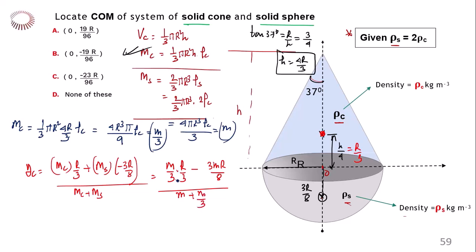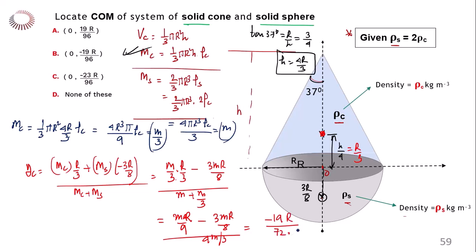So in the numerator, mr by 9 minus 3mr by 8, whole divided by 4m by 3. 72 is the LCM. 8 minus 27, that means minus 19 r. m will cancel out.